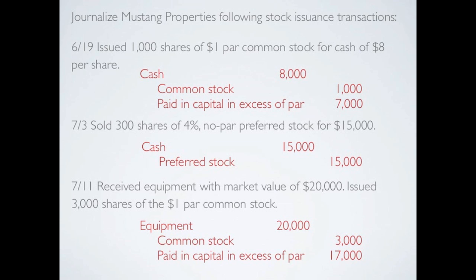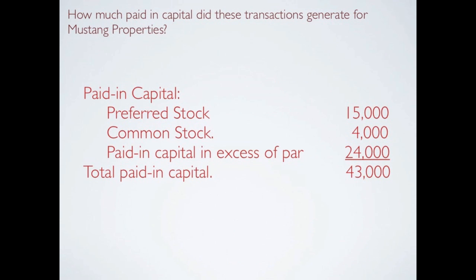That account is part of paid-in capital, but it is not total paid-in capital. Remember, the paid-in capital section of the Stockholders' Equity section on the balance sheet contains preferred stock, common stock, and paid-in capital in excess of par. So those three things would appear in the paid-in capital section.